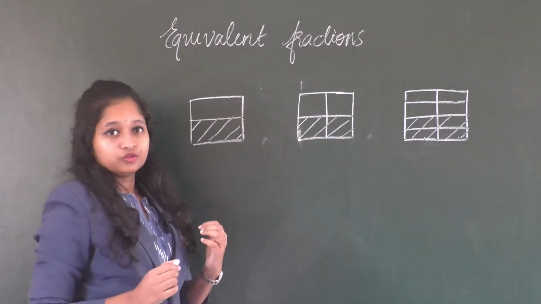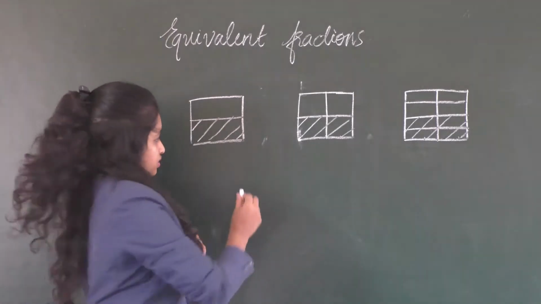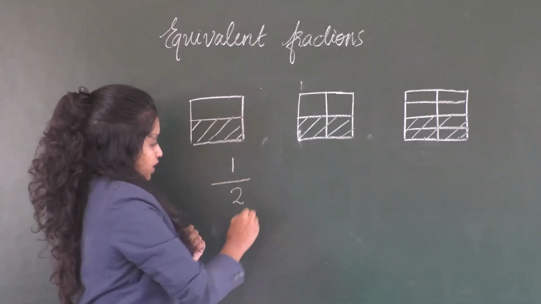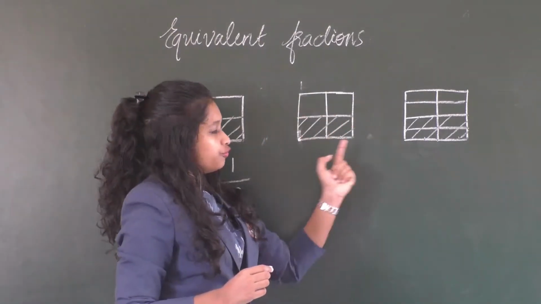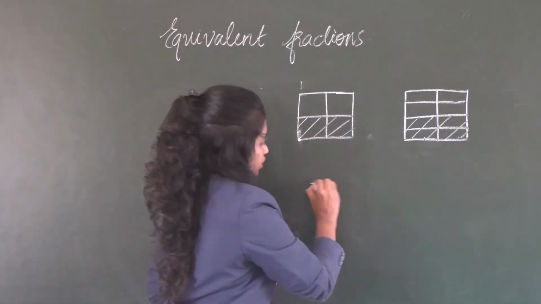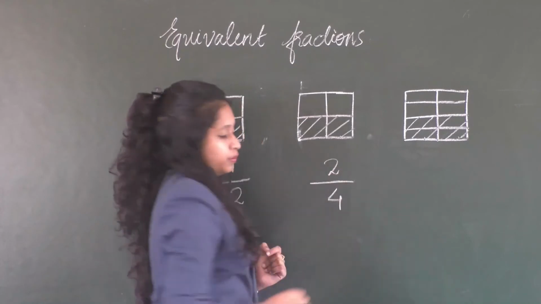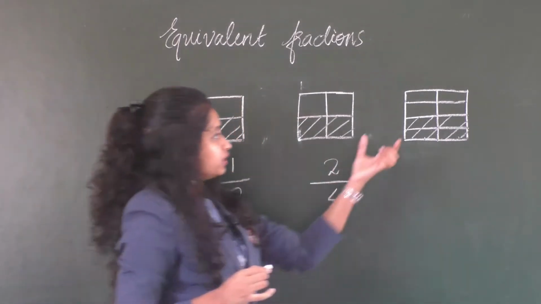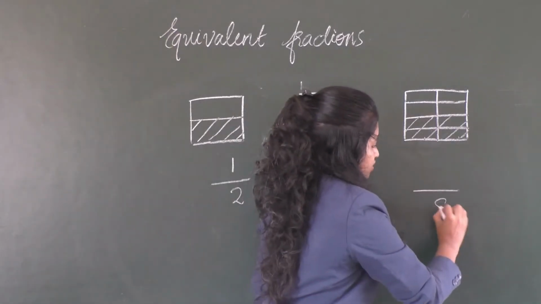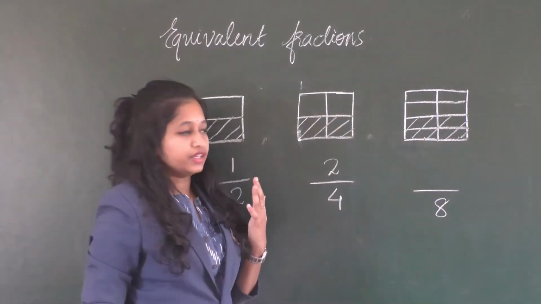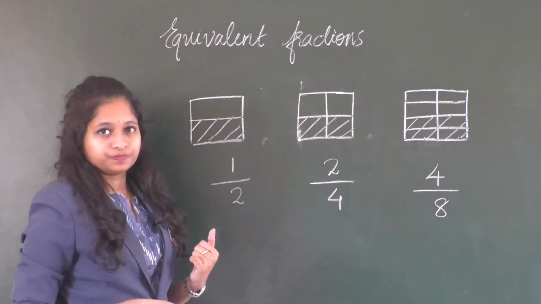Now tell me what part is shaded? Yes, out of 2 parts, 1 part is shaded. Here there are 4 parts in total, and out of that 2 parts are shaded. Here there are 8 parts, isn't it? And out of that 4 parts are shaded.